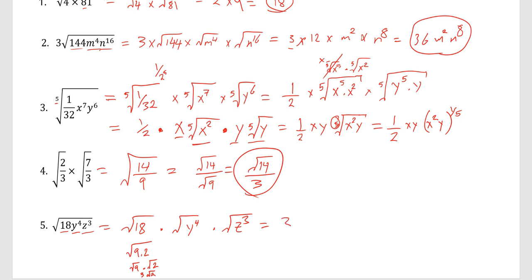Okay, so 3 square root of 2, and then times square root of y to the 4th is just y squared. And then again, the square root of z cubed is the same as z cubed to the 1/2 power, which is the same as z to the 3/2 power. Okay, so 3 square root of 2, y squared, z to the 3/2, and this is my final answer.